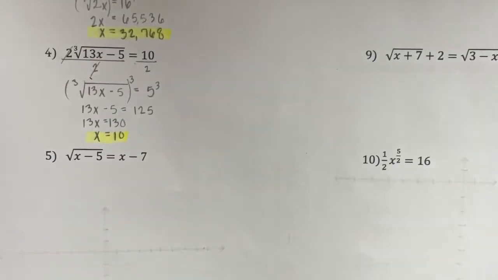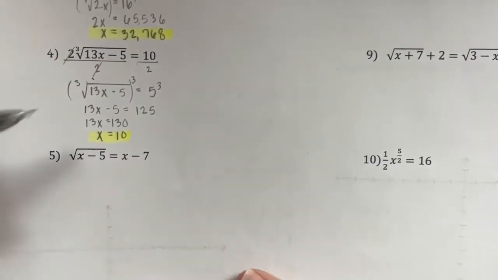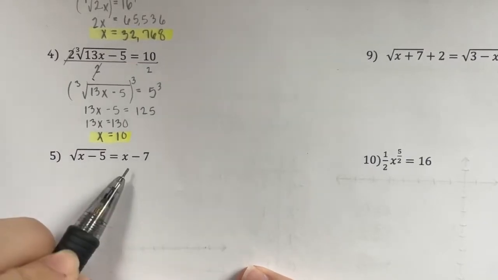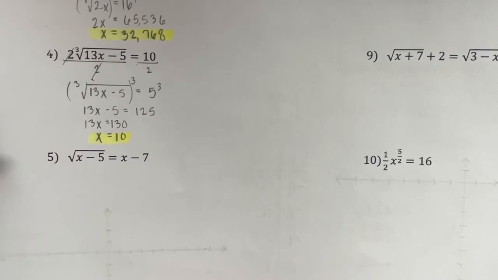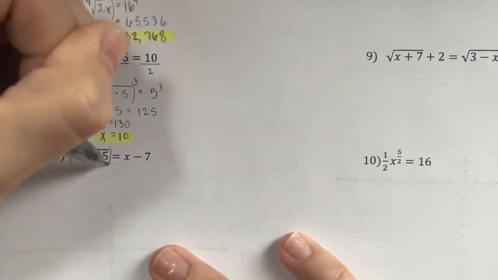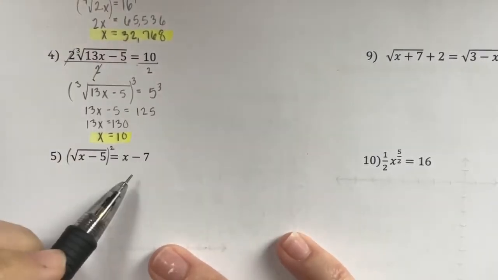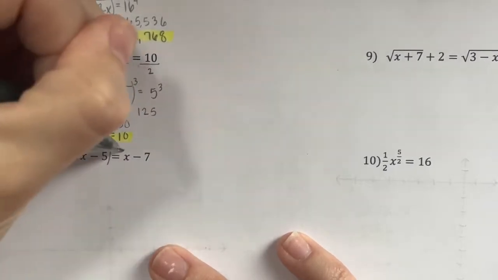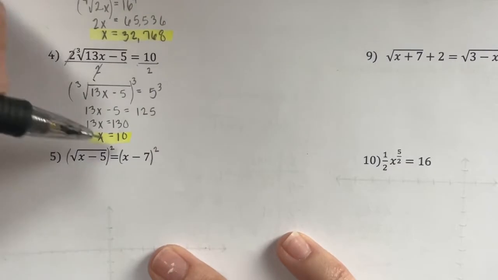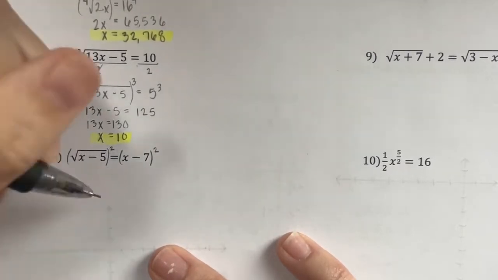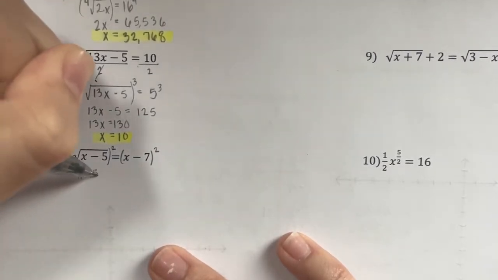And then for number 5, the square root of x minus 5 equals x minus 7. So the radical is isolated, so I can go ahead and square both sides to cancel out the radical. But because there are multiple terms over here, I'm going to have to put them in parentheses and then eventually FOIL. So the squared cancels out that square root, and I'm left with x minus 5.